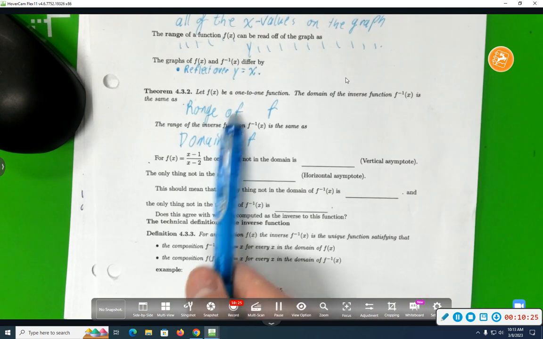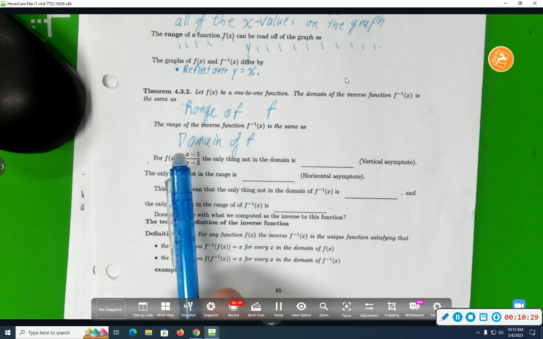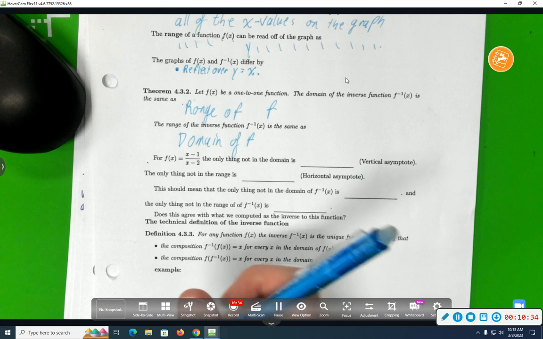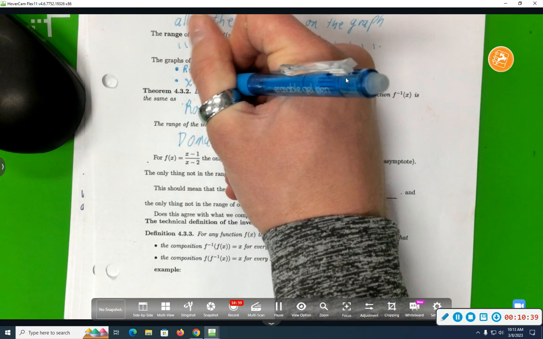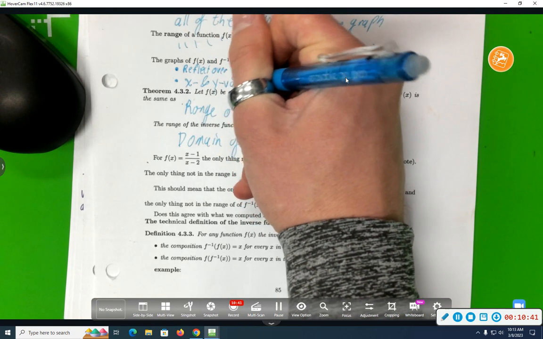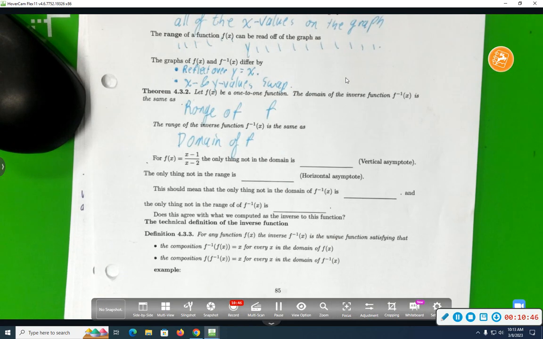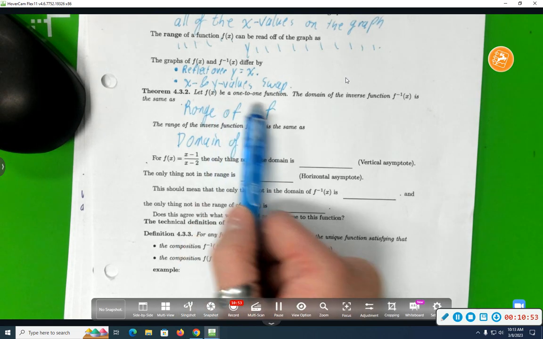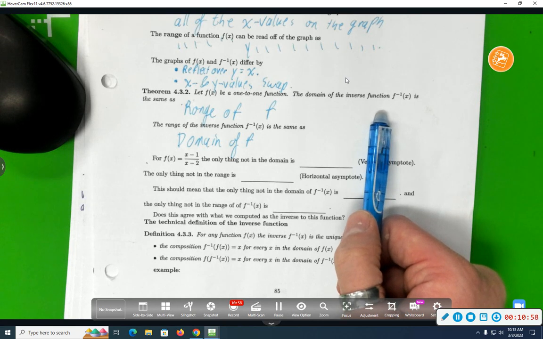And the reason that that's true is, what is the range of the inverse function? It's all of the y values on the graph of the inverse function. But the inverse function has the exact same graph as the original function, just with x and y values swapped. So if you want the domain of the inverse, that means you want all the x values on the graph of the inverse.